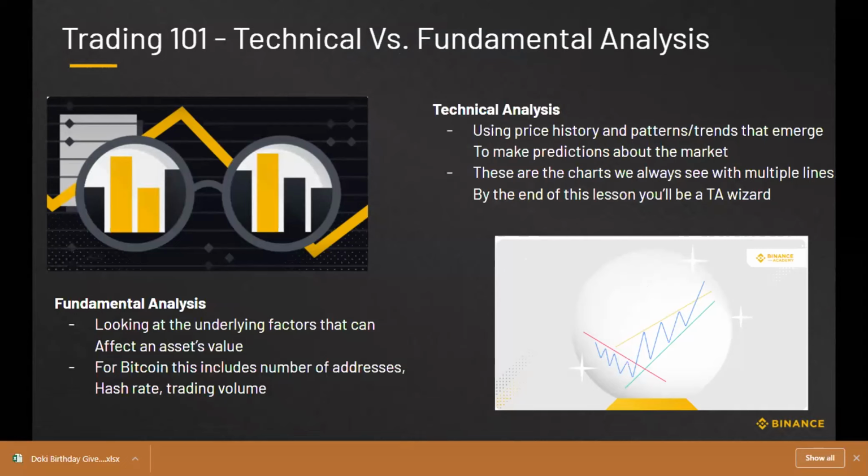An example was when BTC was at 15,000 something. We were saying if it crosses 16,000, then it means that it's going to get to 20,000. Now, how did we understand that? Because of price history and patterns. Technical analysis has to do with charts, looking at charts, reading them, and then looking at candle behaviors also.